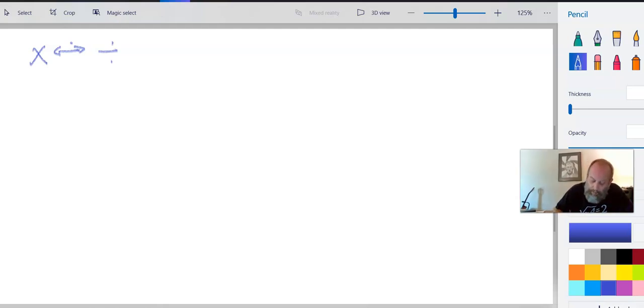And the same thing with addition and subtraction. Subtraction will undo addition, and addition will undo subtraction. So as long as you can identify which operation you have, you can use the undoing operation to peel that layer off, so to speak.